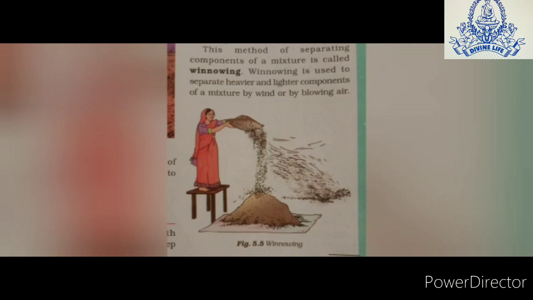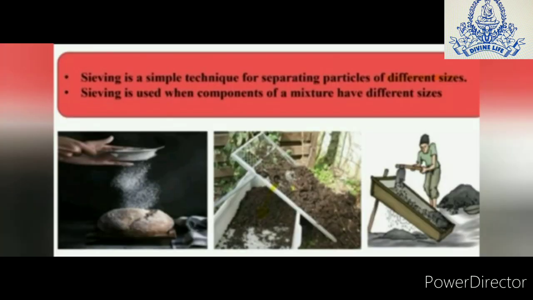Now next is sieving. A sieve is a shallow vessel having small holes at its bottom. To separate a mixture by using a sieve is called sieving. It is used to separate those solid mixtures which have components of different size.